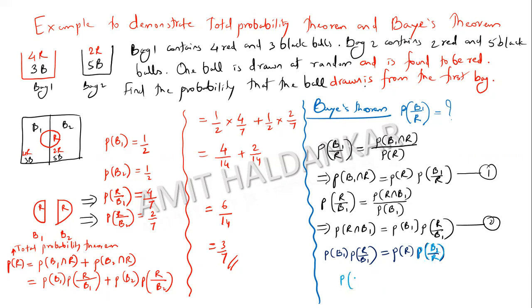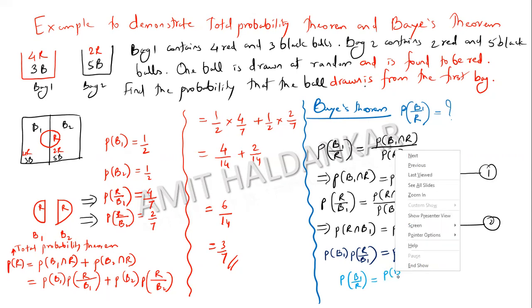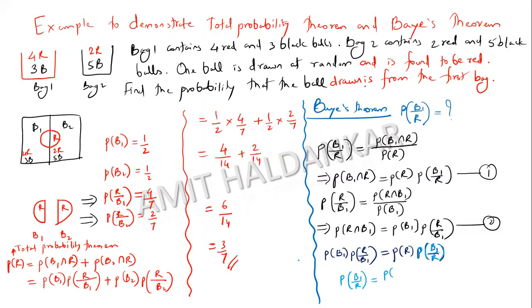P of B1 upon R is equal to P of B1 into P of R by B1 upon P of R. So P of R I have already calculated, see here, by using the total probability theorem.